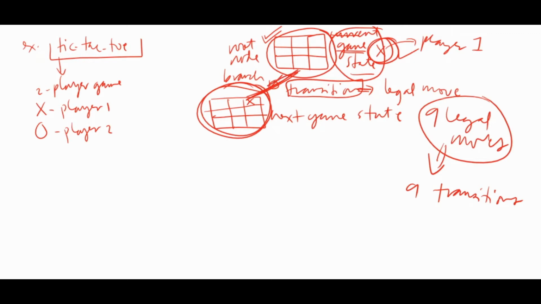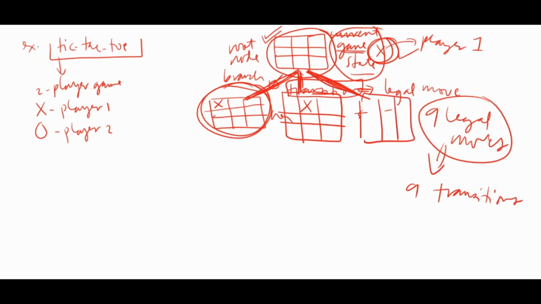The first legal move is, say, putting the mark here. Then the next legal move is putting the mark on the next square, resulting in this board state. Then the third legal move would be placing the mark on this square.